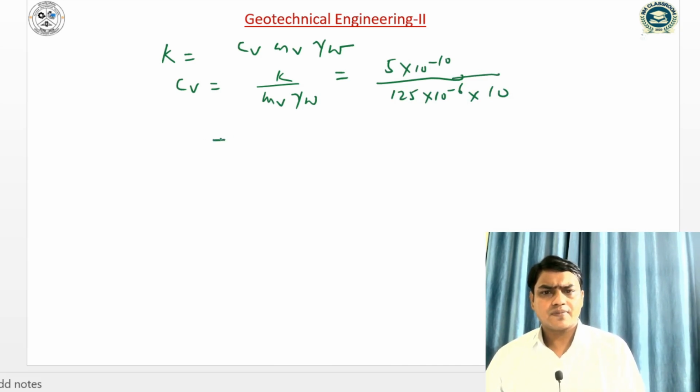So the coefficient of consolidation will be 5 into 10 to the power minus 10 divided by 1250 into 10 to the power minus 6.